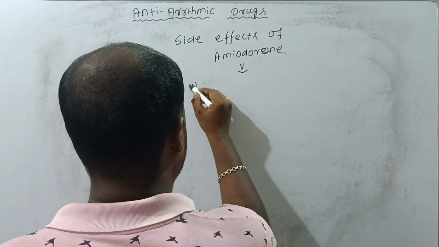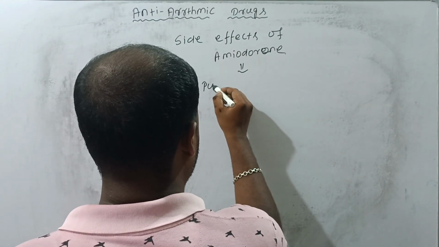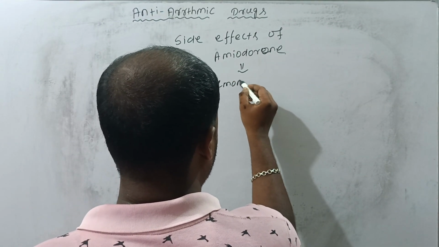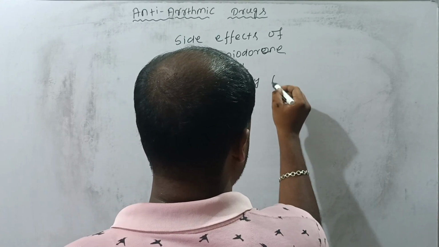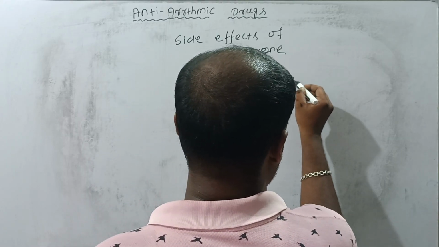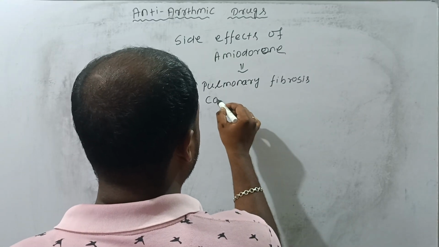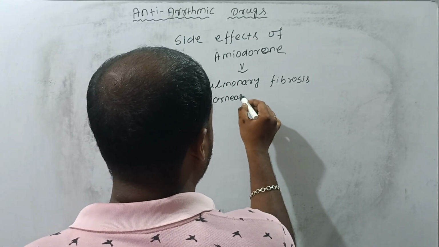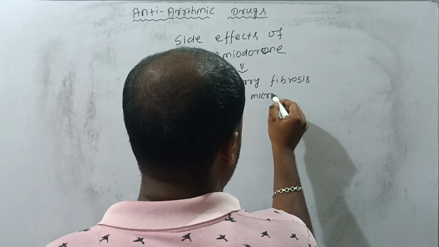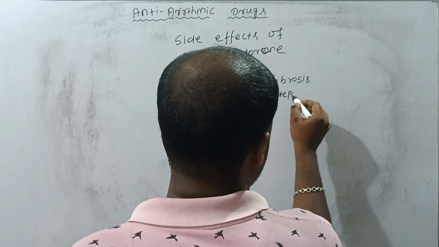First, pulmonary fibrosis. Second one is the corneal microdeposition.